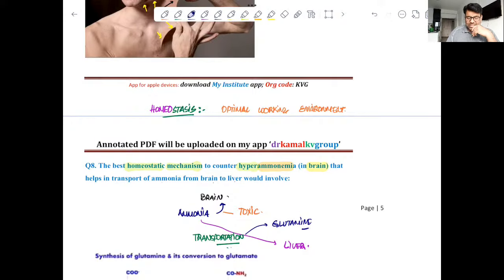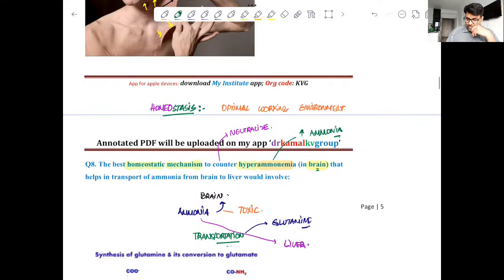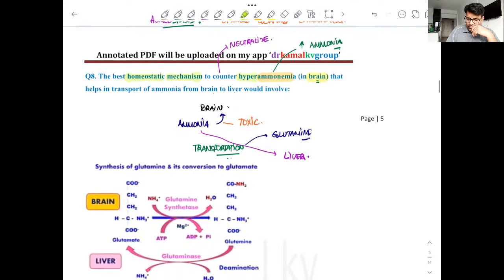So the best mechanism to counter, means neutralize. Hyperammonemia means increased ammonia in blood, in brain tissue, and this is with the help of glutamine.